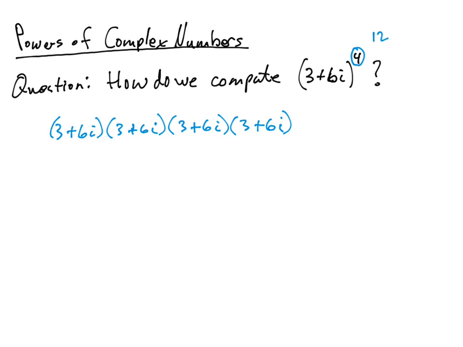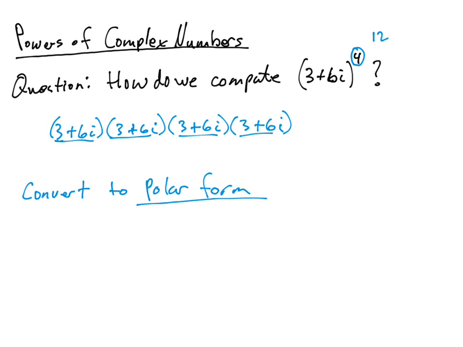What happens if we're raised to the 12th power? We would need to write these binomials 12 times, and that's not ideal. So what we want to do first is convert to polar form, because polar form makes raising complex numbers to exponents a lot simpler.